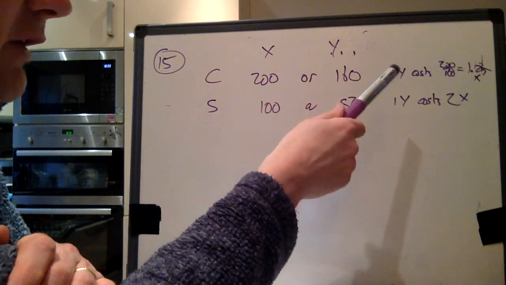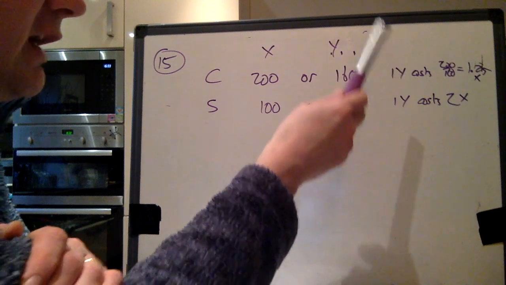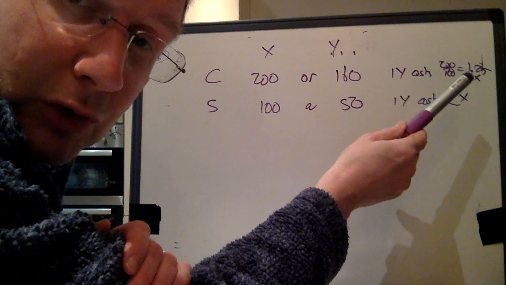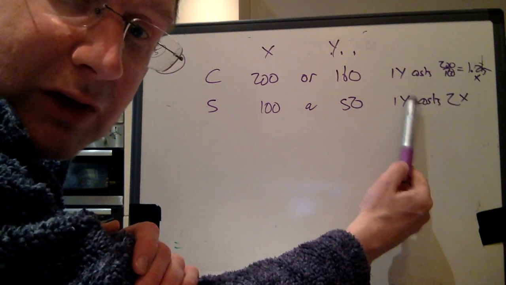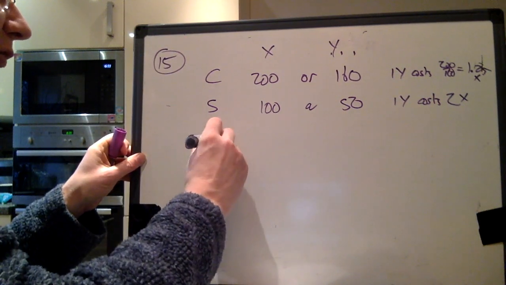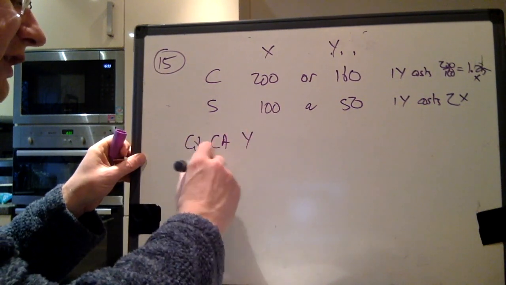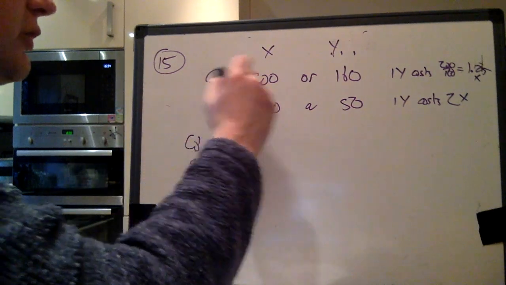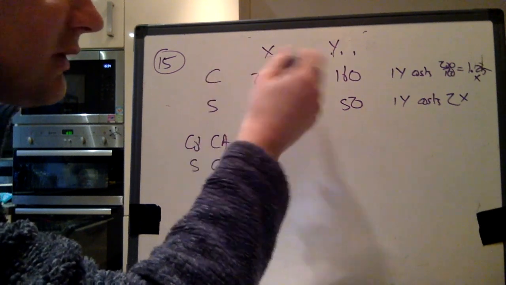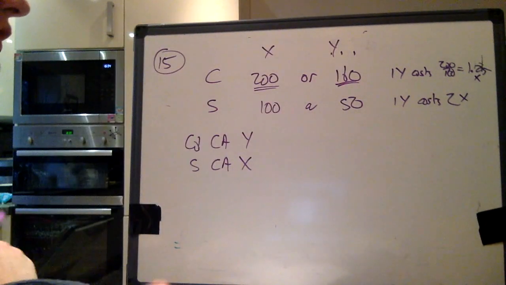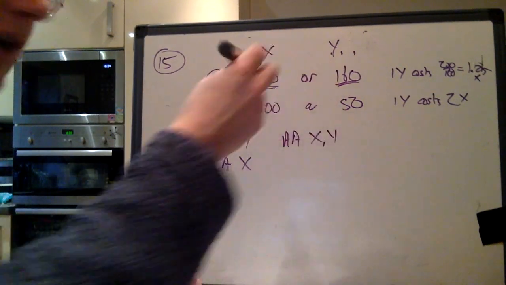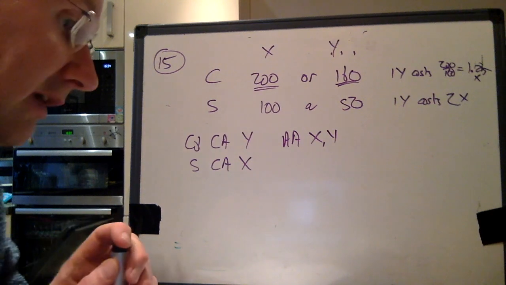So Calinia has a comparative advantage in Y. For every Y, they only have to give up 1.25X, whereas the other economy, Stefania, has to give up 2X. So Calinia has comparative advantage in Y, Stefania has comparative advantage in X. We also know that with a given resource, Calinia is absolutely more efficient in X and in Y, so Calinia has absolute advantage in X and Y because with a worker it can produce more of them.